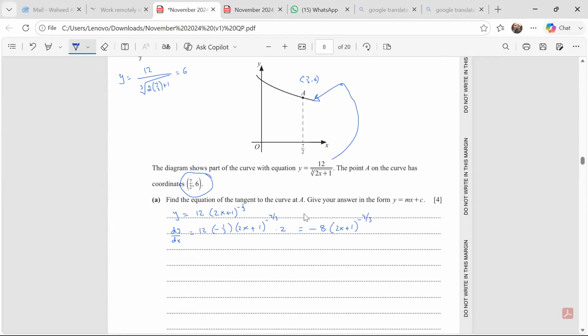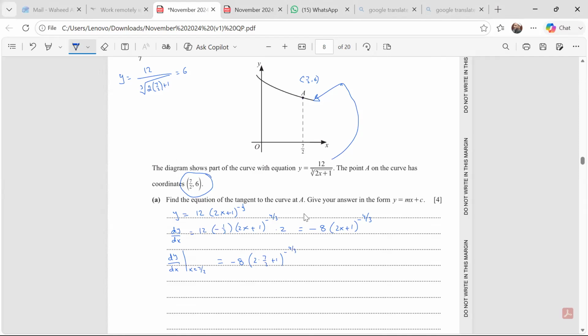Now I want to find the value of this derivative dy/dx when x is 7/2, the slope at the point where x is 7/2. So I will just replace x with 7/2 in this equation: minus 8 times (2 times 7/2 plus 1) to the power minus 4/3.